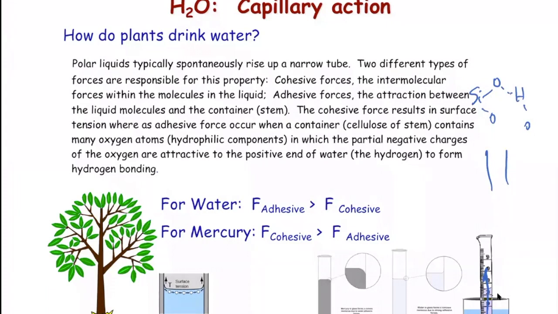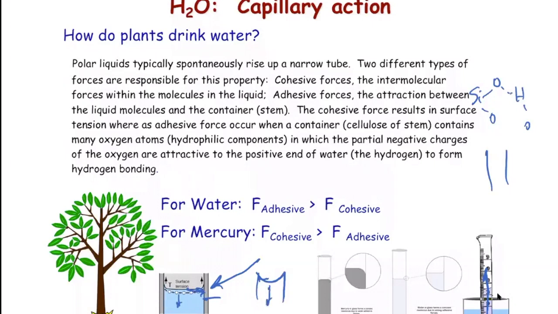Because of the walls, the water wants to maximize its attractiveness to glass. It's going to be attracted to the glass, and then water is also attracted to itself. That's why you see a concave attraction, because they're attracted to itself but also attracted to the glass. Anyway, there are two forces that are competing against each other.